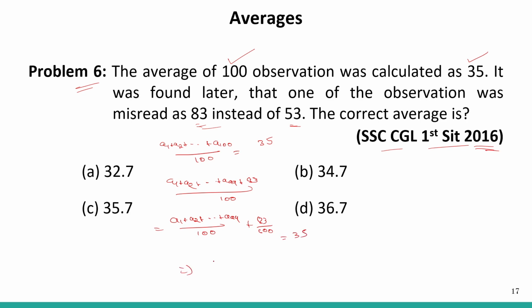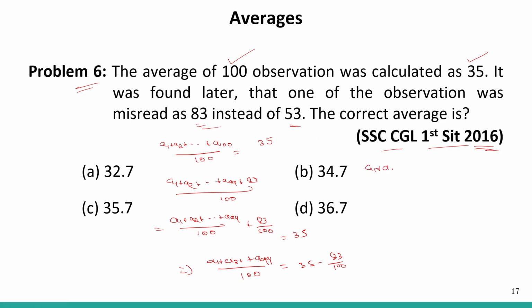So this implies that A1 plus A2 plus A99 whole by 100 is equal to 35 minus 83 by 100. What it should have been is 53, right?